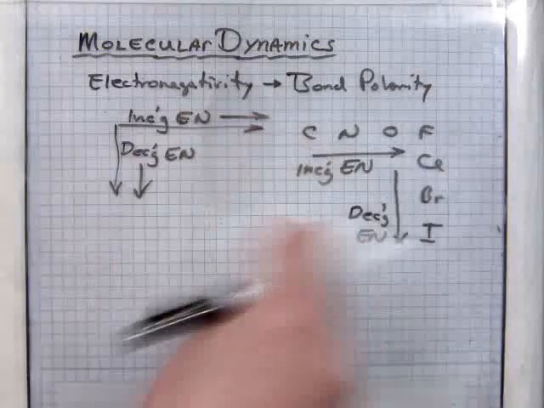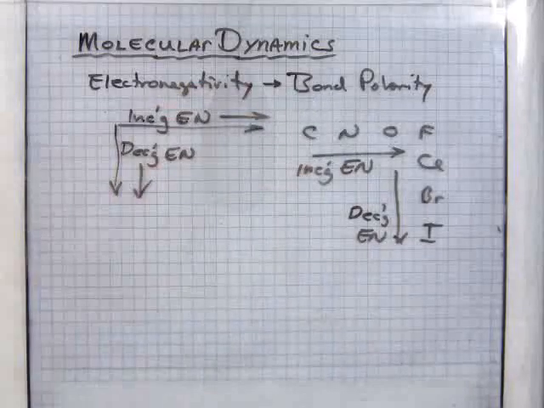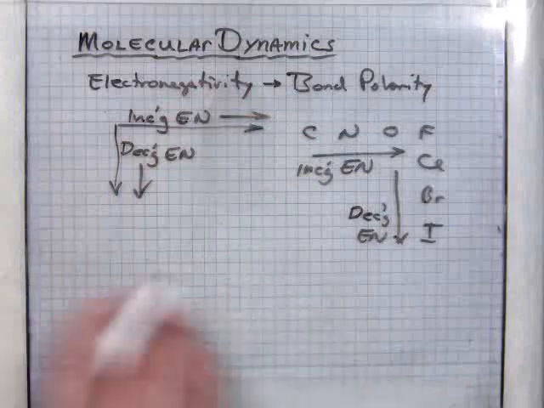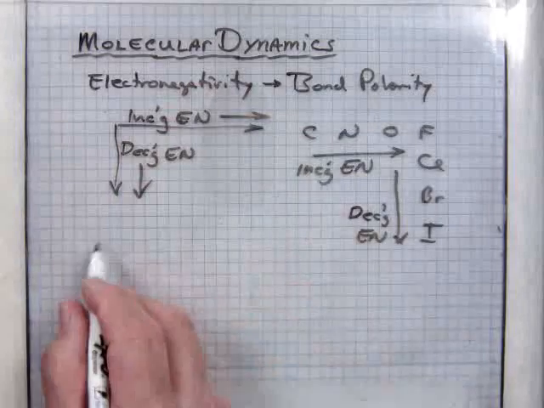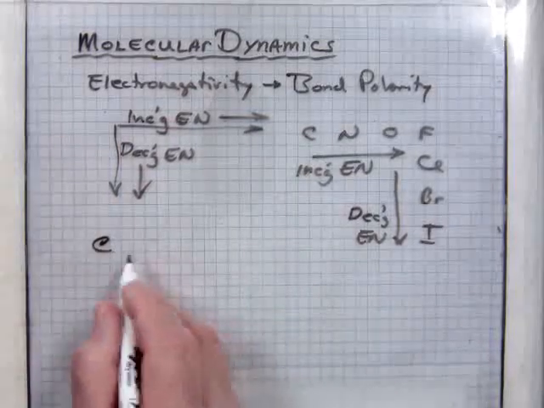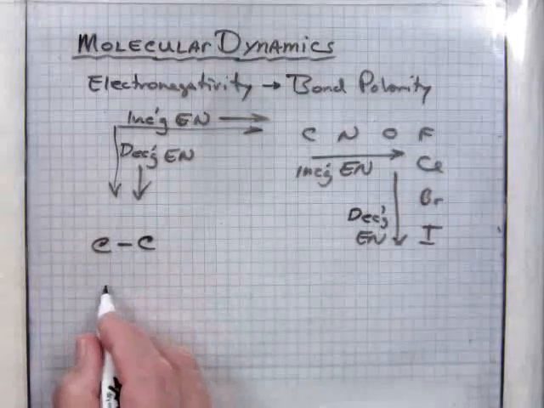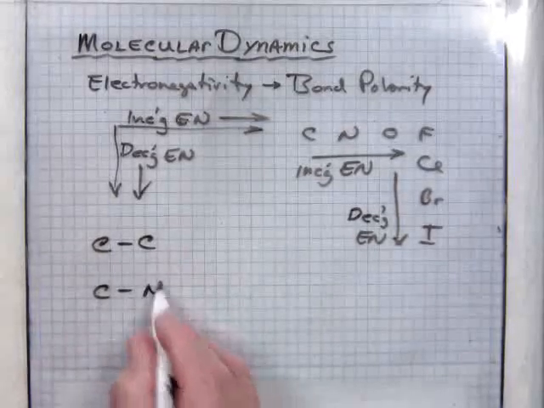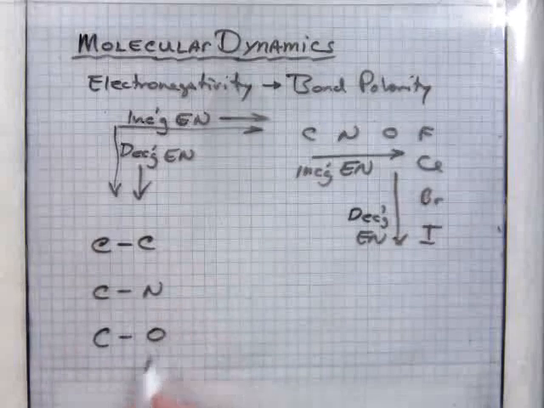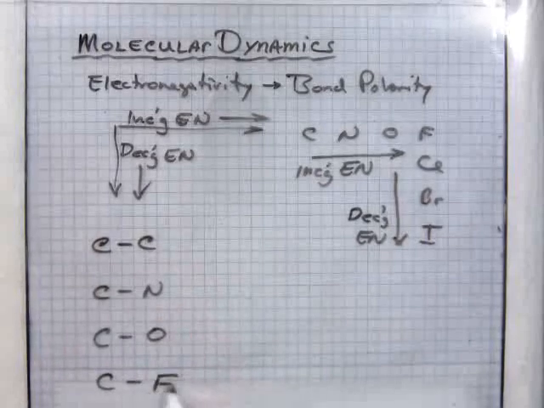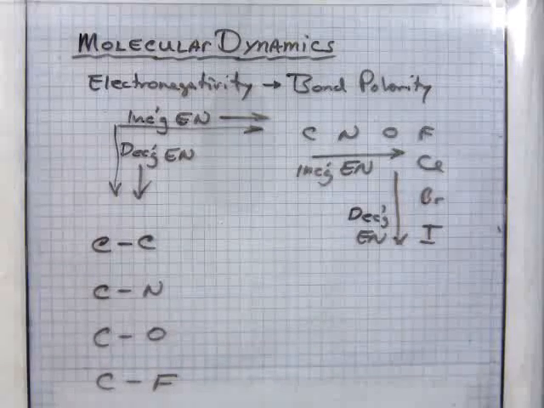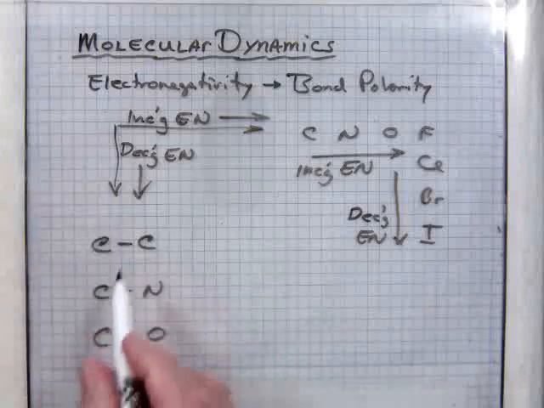So it's very important that you keep this in your mind as we go through the remaining portions of the sections here. I'm going to take carbon, and we're going to hook it up to carbon, and then to nitrogen, oxygen, and then fluorine, like this. So what should you expect when this bond is formed?